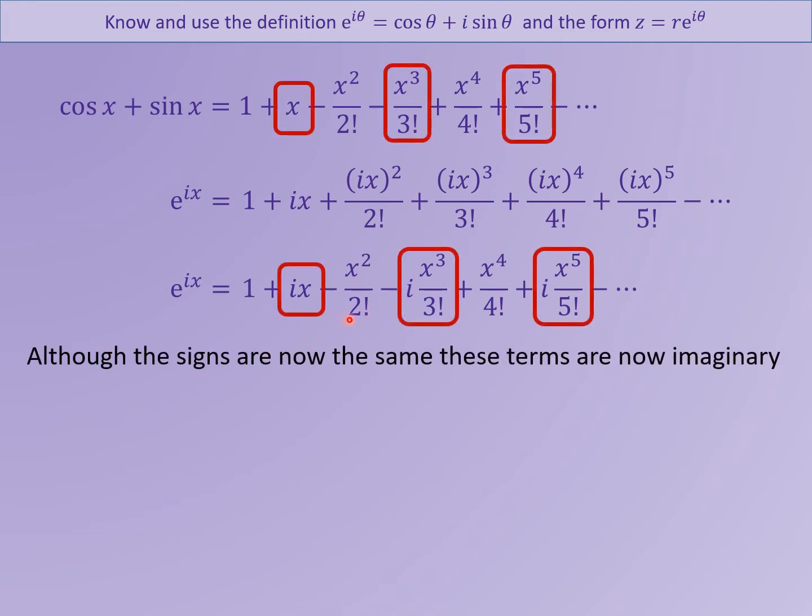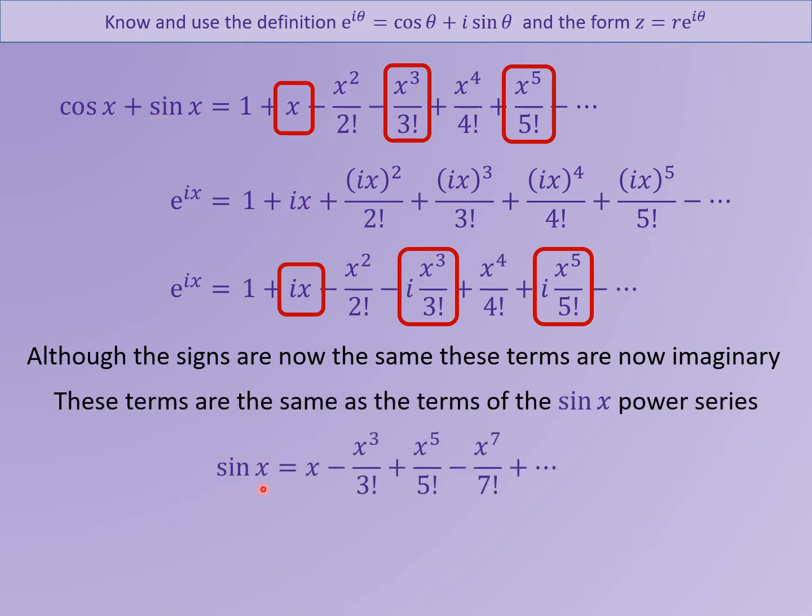The problem is that although we've sorted out the signs, these terms here aren't the same because they have an extra i in front of them. But what's quite nice is that the terms with the i in front of them all came from the sine x series. Every single one of those came from the sine x. So if I change this about a little bit, then we can say that these two are the same.